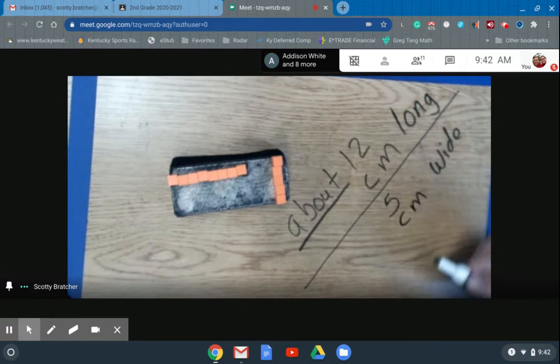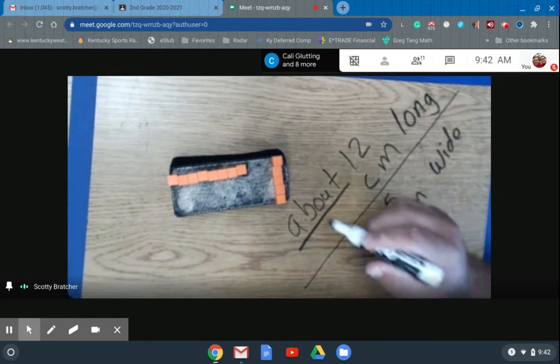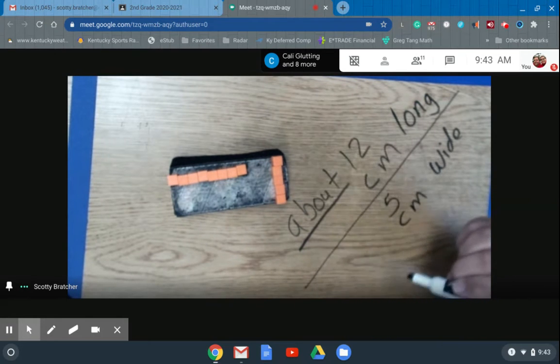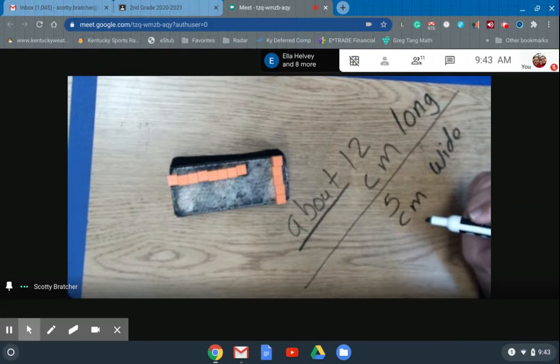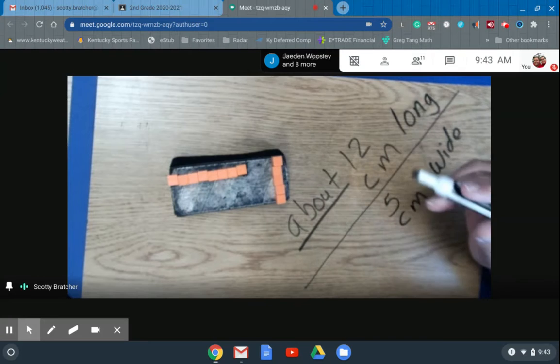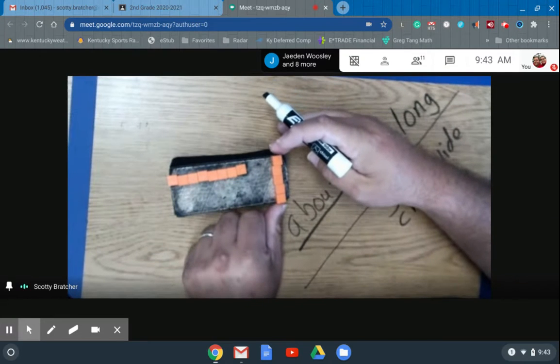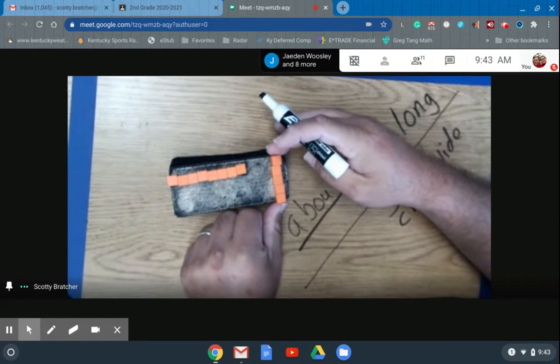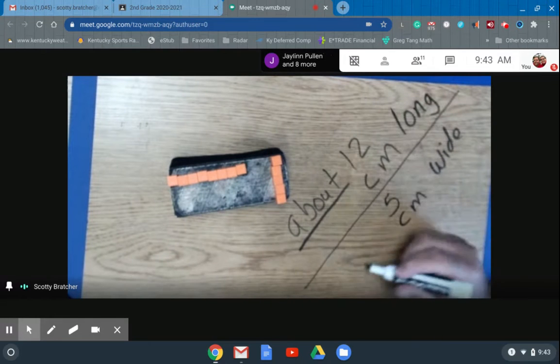Do I have to put the word about on the wide? Callie's saying no. Callie, tell me why. Because it's a perfect match. It's a perfect match. It starts on this end and it ends on that end. Pretty perfect. So I don't have to put about.